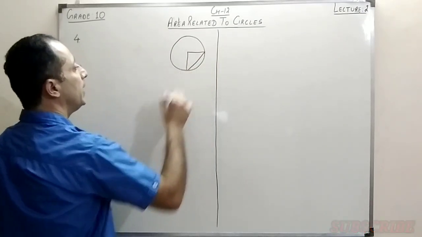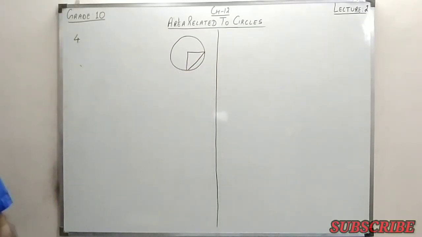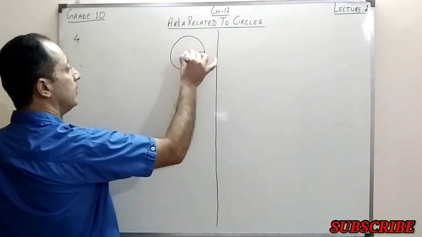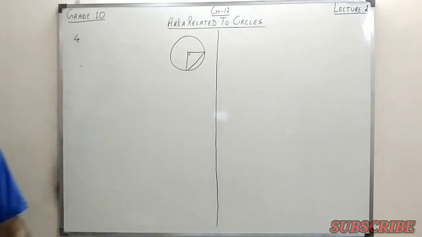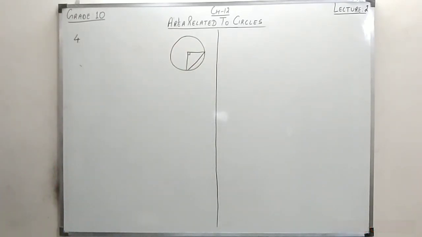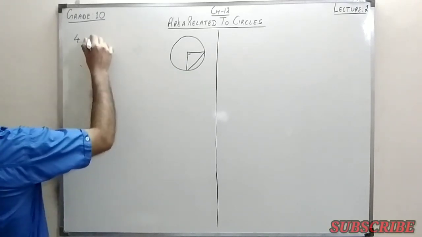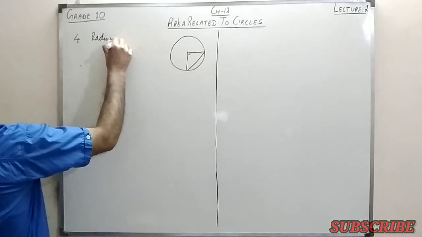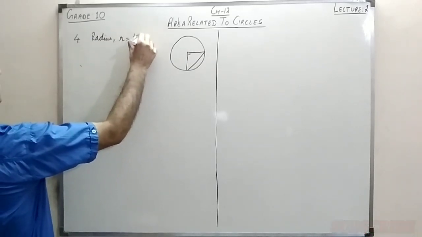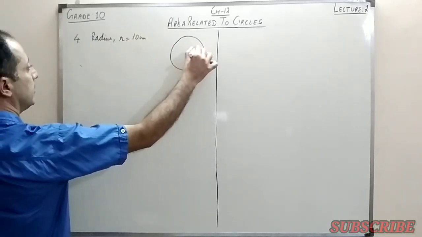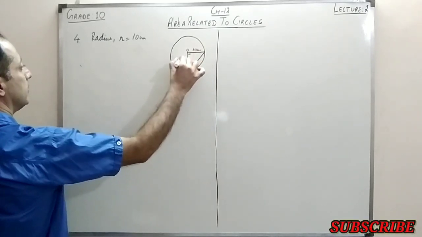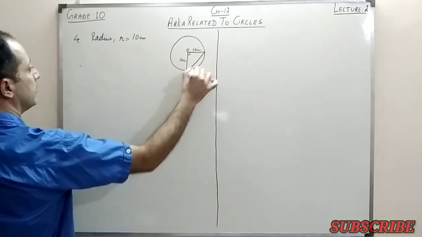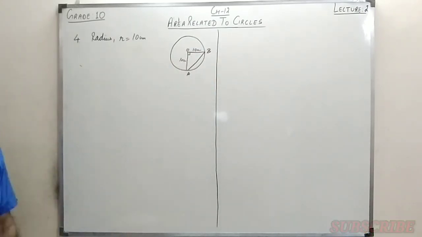This chord is forming an angle of 90 degree at the center. So this angle is 90 degree, right? Now the radius R of the circle is given as 10 centimeter. So this one is 10 centimeter, this is 10 centimeter. Let it be the chord AB, right?